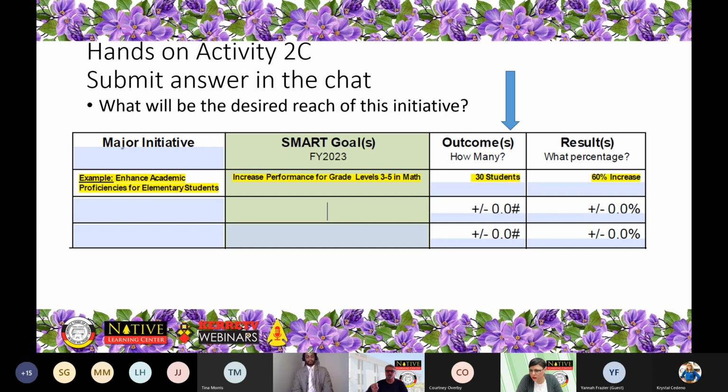So if your major initiative is increase the amount of trainings, your SMART goals could be in grant writing, in grant management, in your general categories. Okay. And I know you have 4 or 5 different major categories. And then your outcomes would be the number of attendees in each of those different categories. So you probably end up with 6 or 7 goals underneath your category.